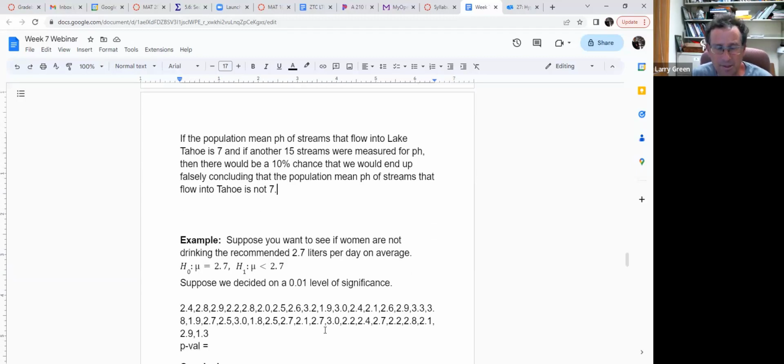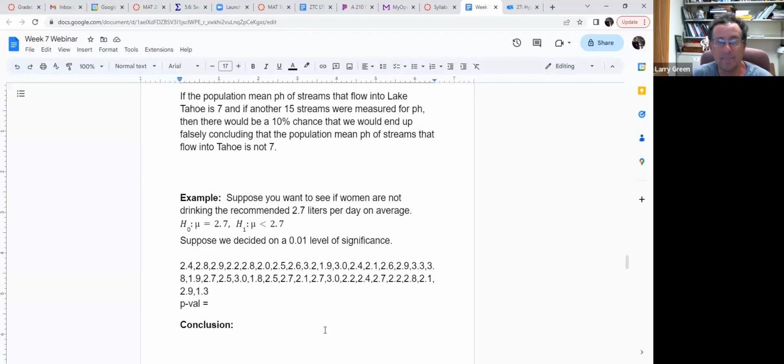Okay, let me do another example. Suppose you want to see if women are not drinking the recommended 2.7 liters per day on average. Okay, that's of water, by the way, or of good fluid, I guess. Then H naught is mu equals 2.7. And H1 is mu is less than 2.7. Because, by the way, what you're really worried about is that they're not drinking enough.